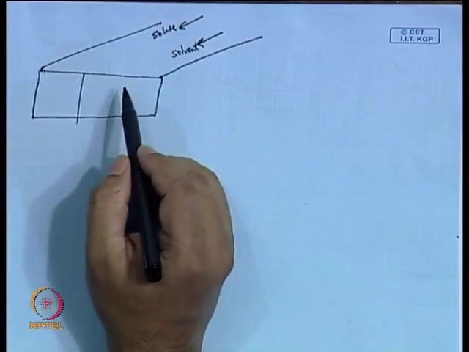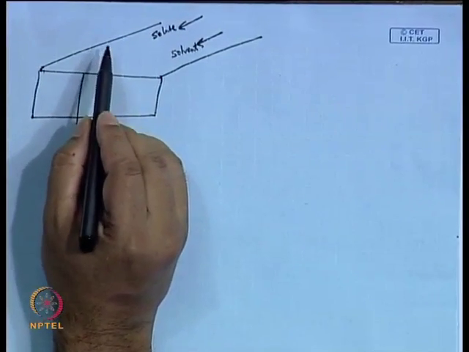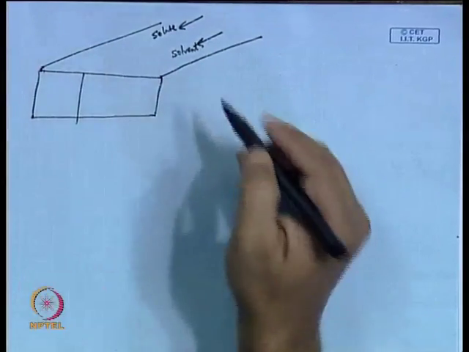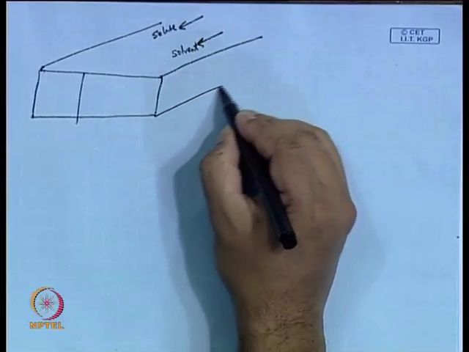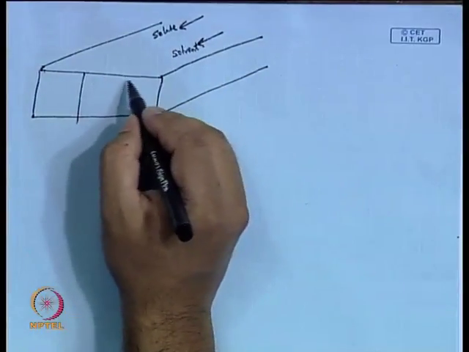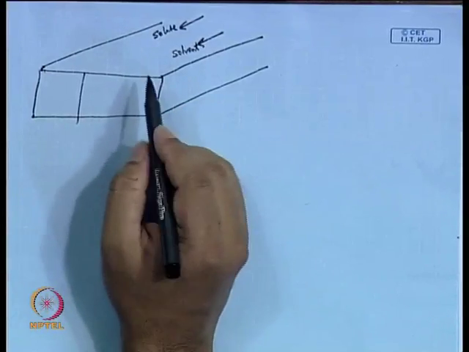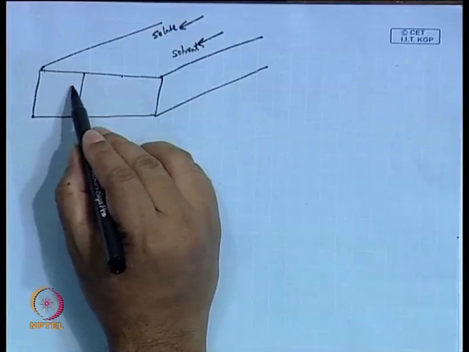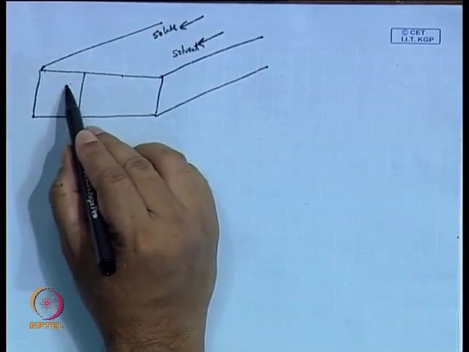So, here suppose this height, of course, this height does not matter as such. What I try to point out here is that you have a diffusion of solute from this layer to this layer.